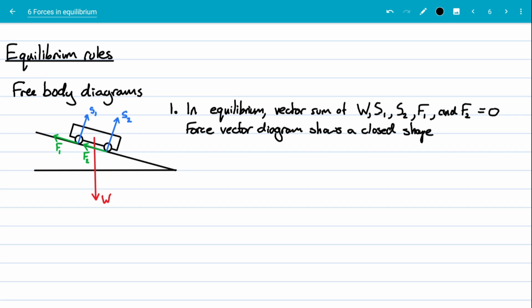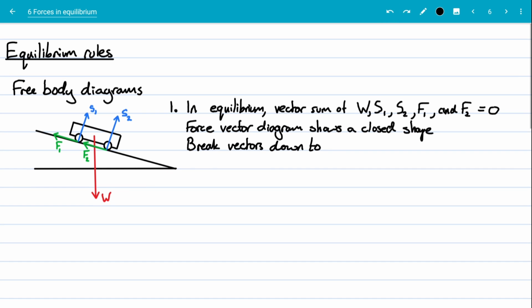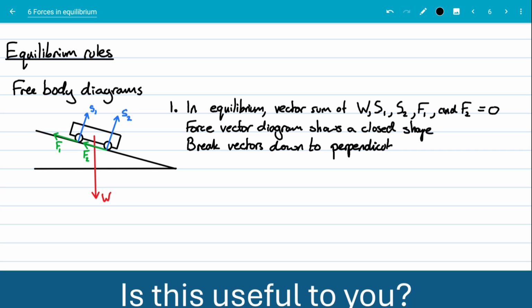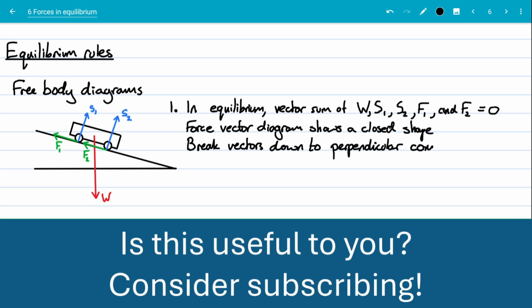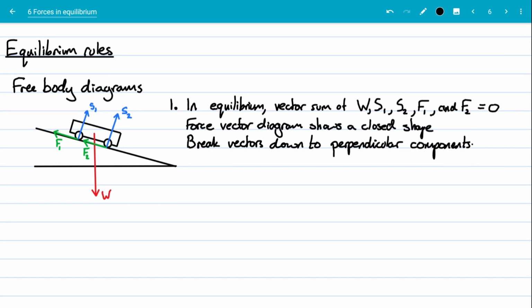But we can also break down vectors down to perpendicular components. Pen stopped working. There it is. And then each of those perpendicular components will also equal 0.